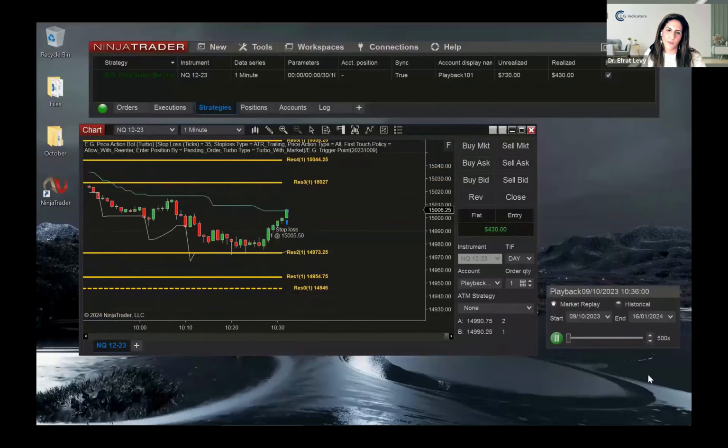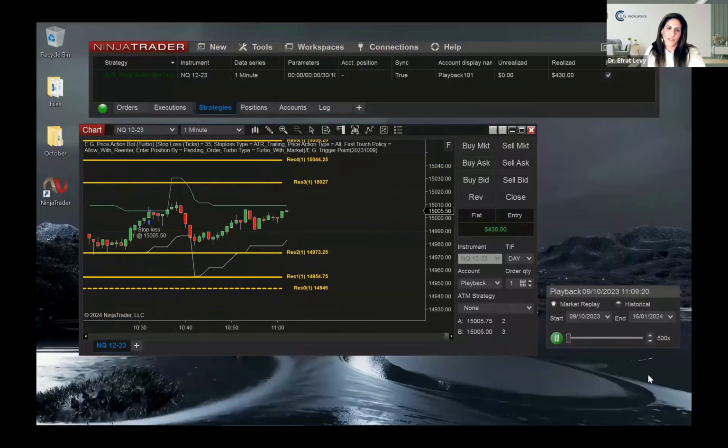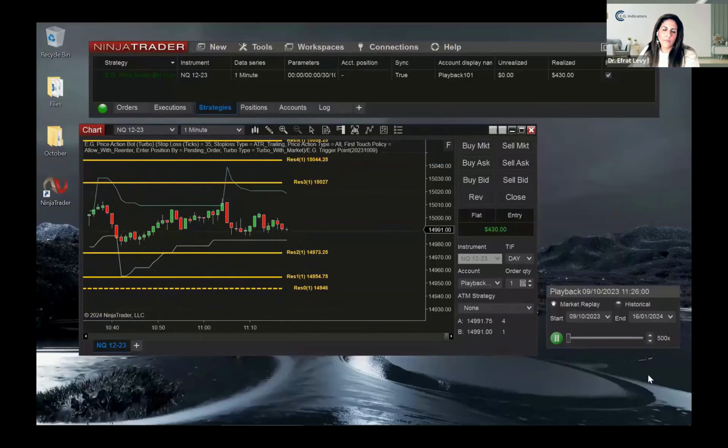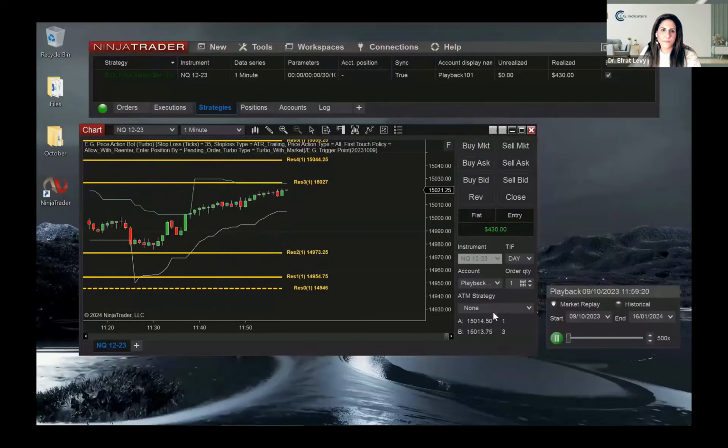You can see how the stop loss is being trailed using the EG trailing stop. It helps maximize the profit.